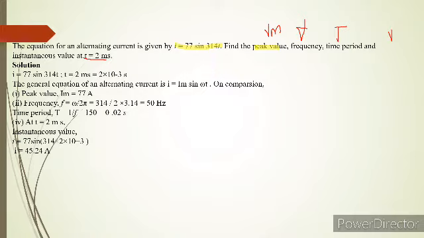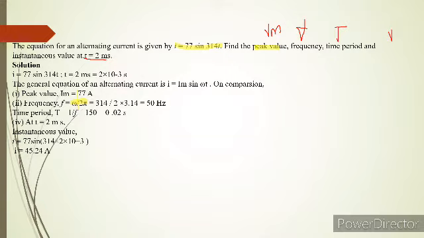Here in the solution you can see the given values have been written. First, Im. How will you find the frequency? Omega equals 2 pi f. By substituting the value, we get omega.